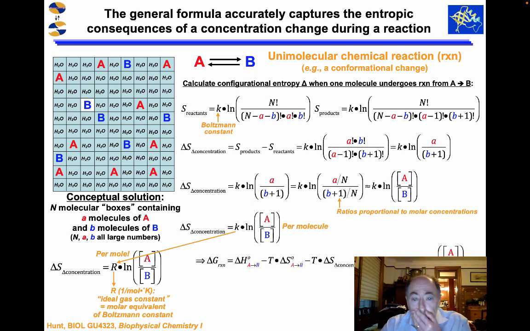Okay, so now what we're going to do is connect this to the Gibbs relationship, and calculate the free energy in the course of a reaction, as opposed to the standard free energy, which is what we derived earlier.